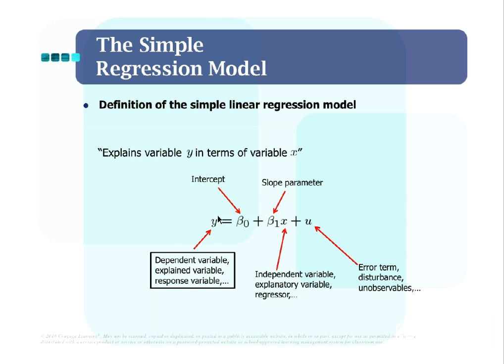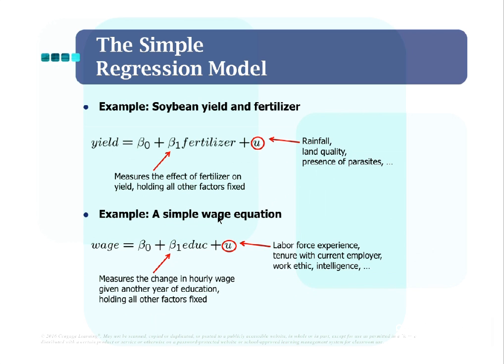So there are several examples. For example, we have mentioned in the last class, suppose we study soybean yield and fertilizer. We want to know if we, for example, increase 1 unit of fertilizer in the plot, how much soybean yield will be increased.